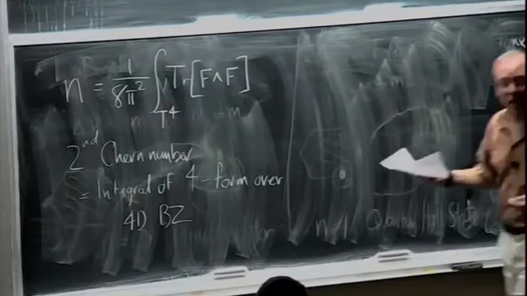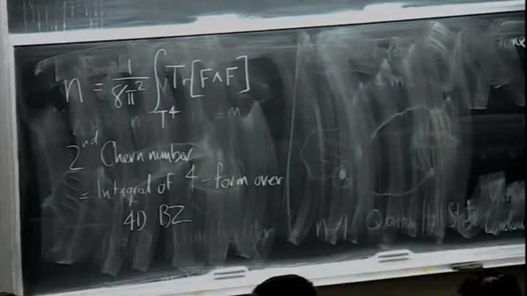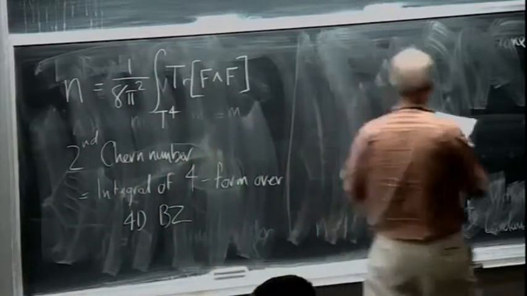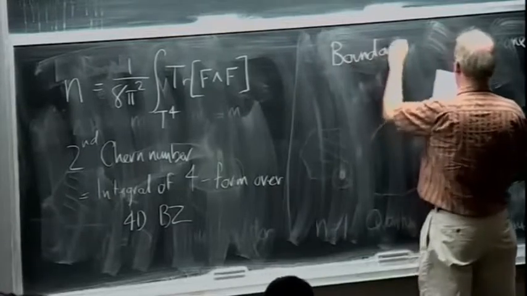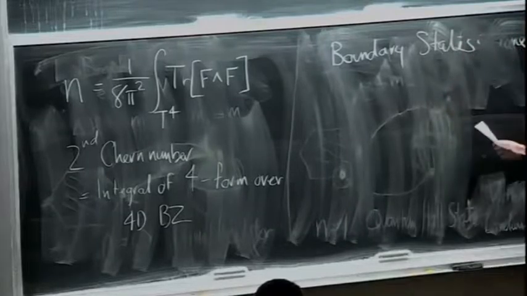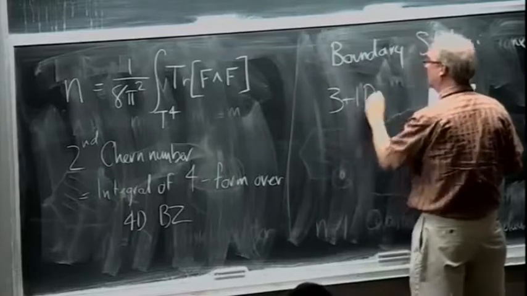And the consequence of that, remember the consequence of having a non-zero Chern number in 2 dimensions was that you have the unpaired chiral edge states. The consequence of this is that if I look on the boundary state, the boundary of a 4-dimensional system would be 3 dimensions, so 3 plus 1 dimensional.